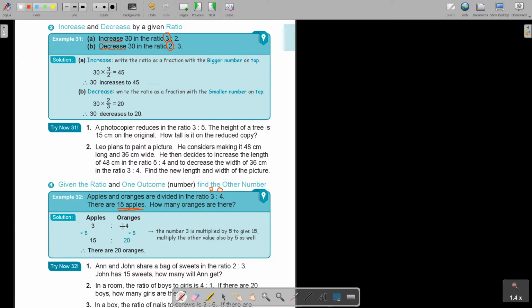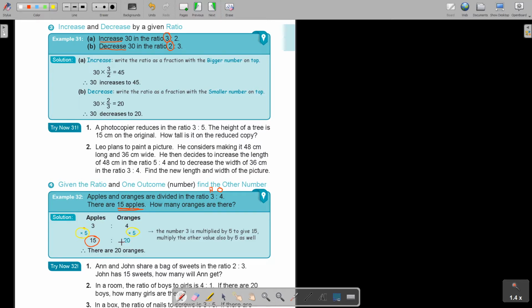I like to write it on top, and then I write that outcome, that 15, underneath. And then I'm saying to myself, what did they do with 3 to get 15? They multiply with 5. Otherwise you do the reverse. You say 15 divided by 3, that's 5. And whatever I multiply on one side, I multiply on the other side. And 4 times 5 is 20.